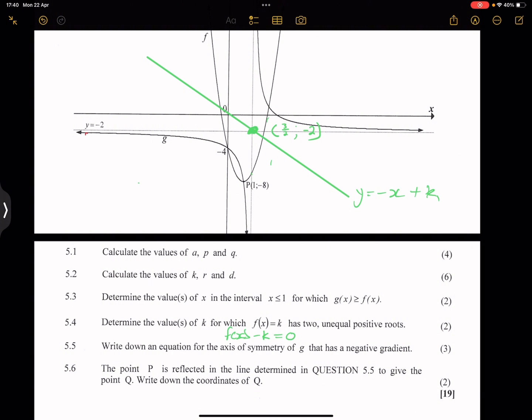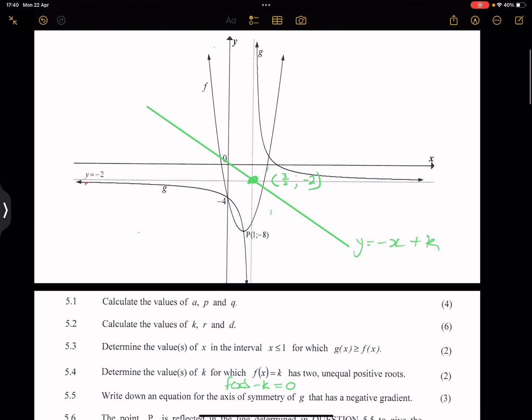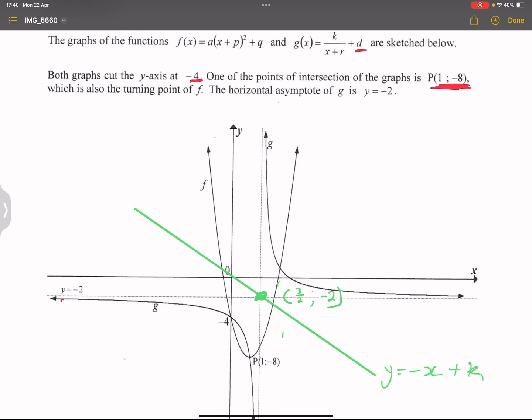And they say to us, write down the coordinates of Q. Now remember, we are reflecting this point over here with the line y is minus x minus 1/2, which is our line of reflection, or in this case, the axis of symmetry.